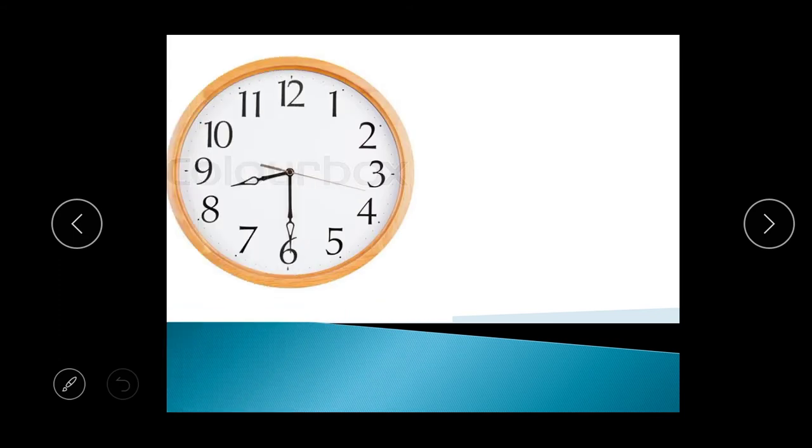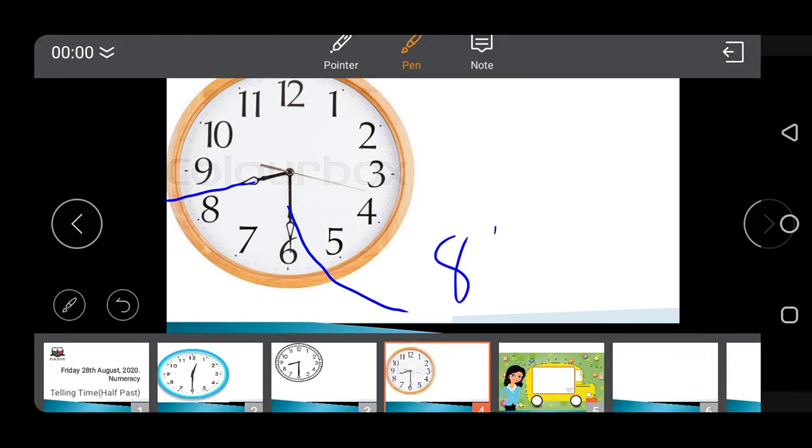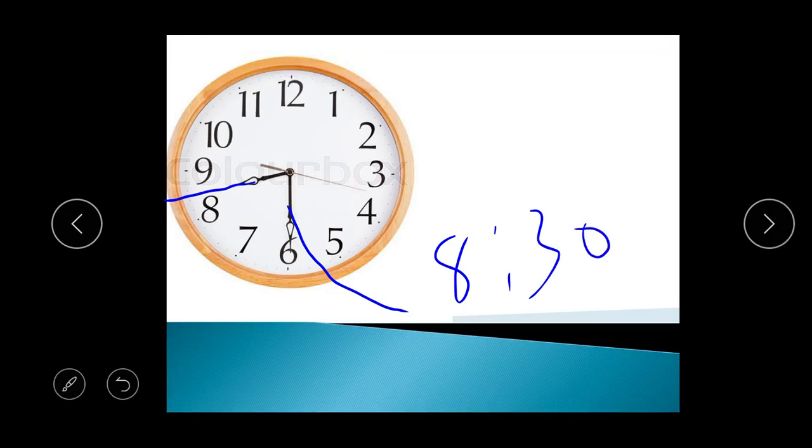Moving to the next question. Yes. Who can tell me what the answer is? The long hand is where? This is the long hand. Yes, is where? On 6. And the short hand is also where? In between 8 and 9, just like the question we did earlier. And so this is what? 8:30.